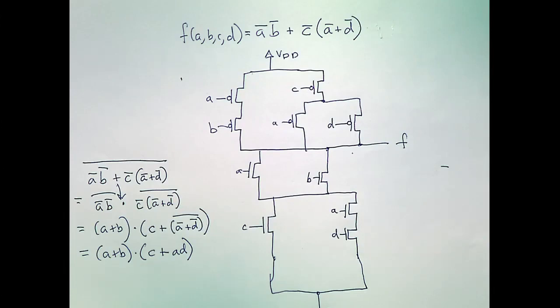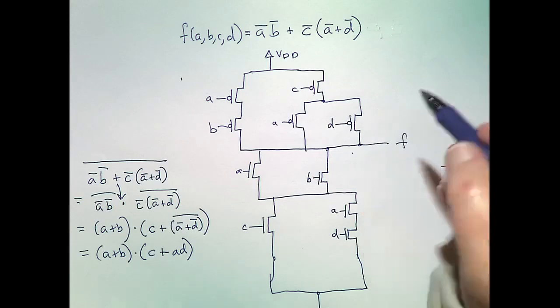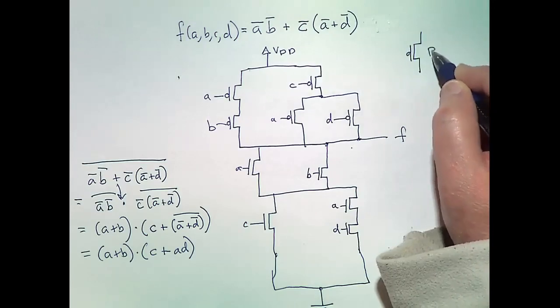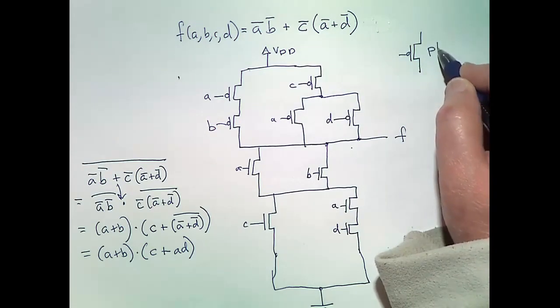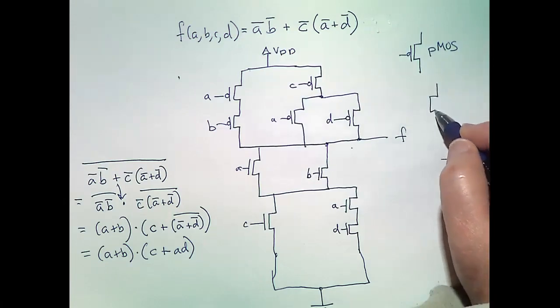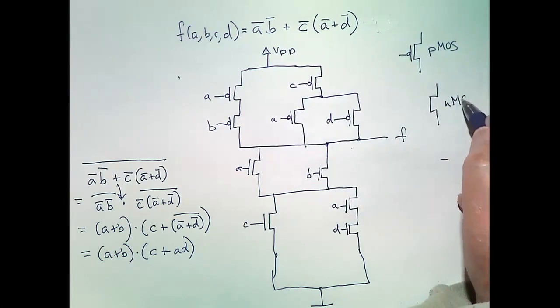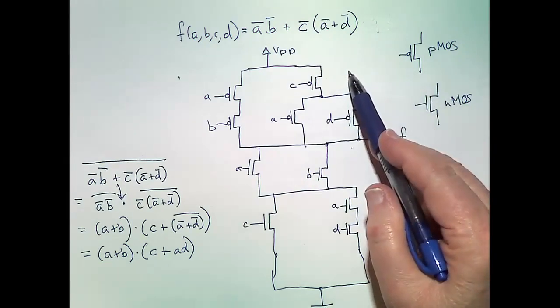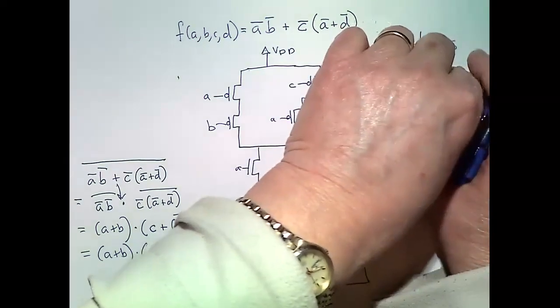Yes? And then they're made of different materials. Okay, so this is the symbol for a PMOS transistor. Okay? This is the symbol for an NMOS. You cannot move this bubble. It's part of the symbol. Okay?